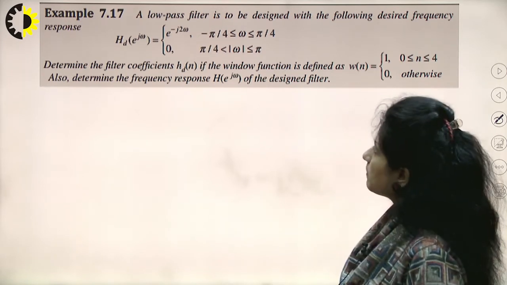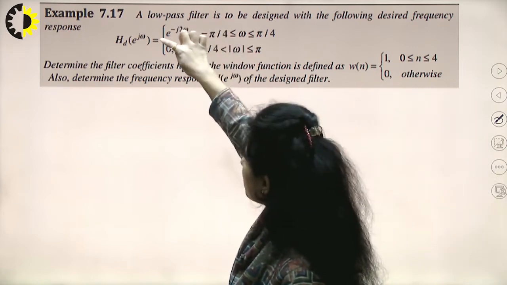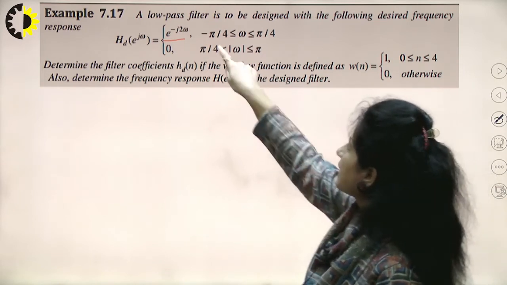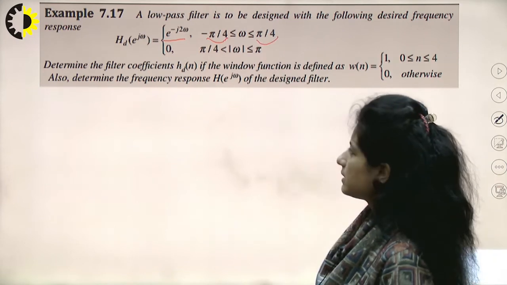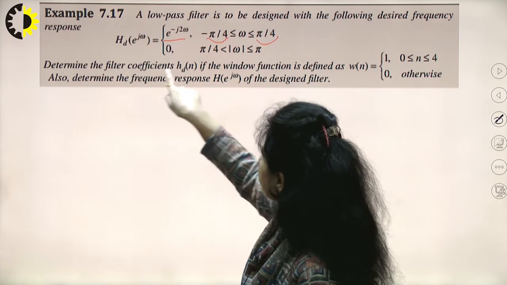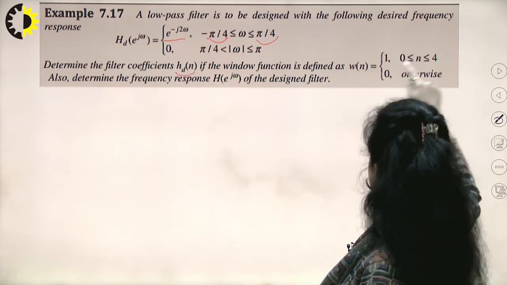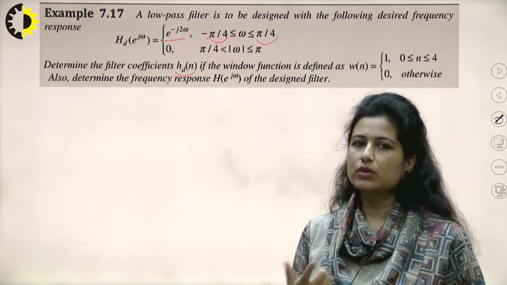So here a low pass filter has to be designed. The specification is: the response is e raised to the power minus j 2 omega. The range is from minus pi by 4 to pi by 4. Elsewhere it is 0. So what I have to do is determine the filter coefficients hd(n). If the window function is defined as 1 for 0 to 4, so 5 samples, the value is 1.